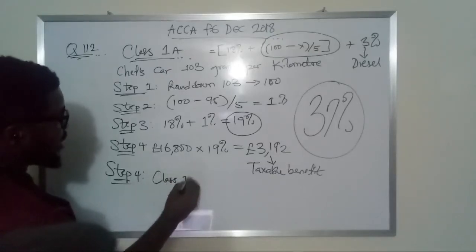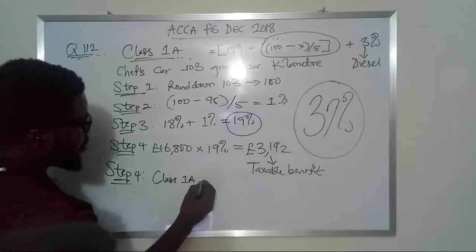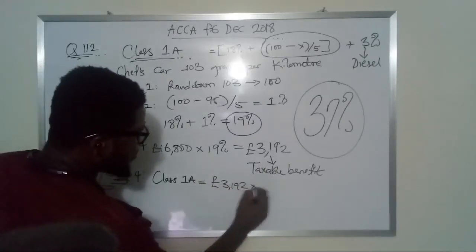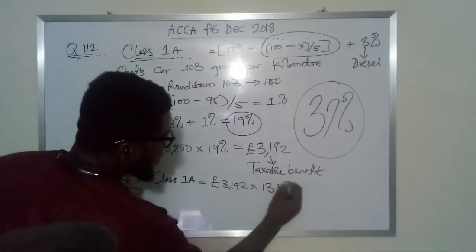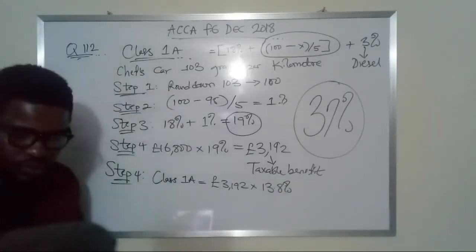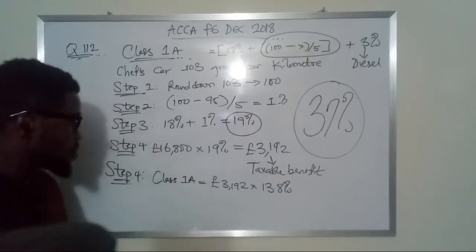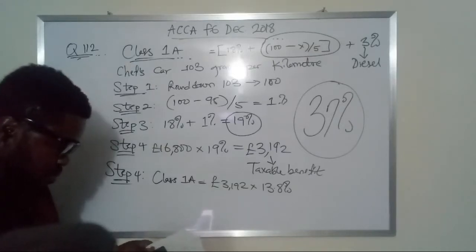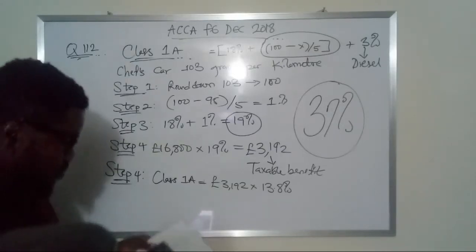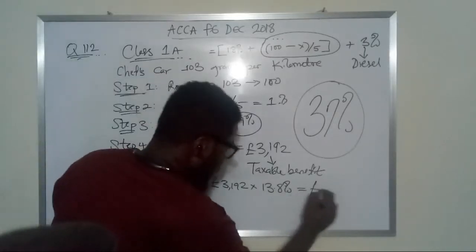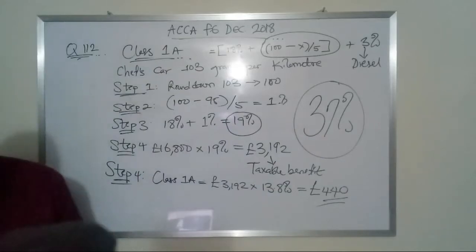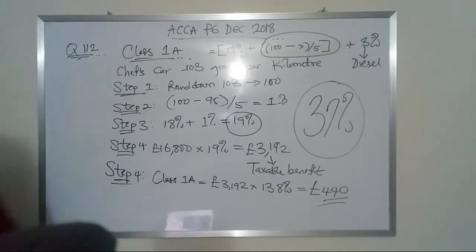Class 1A was 3,192 times 13.8%. Please tell me you understand this.